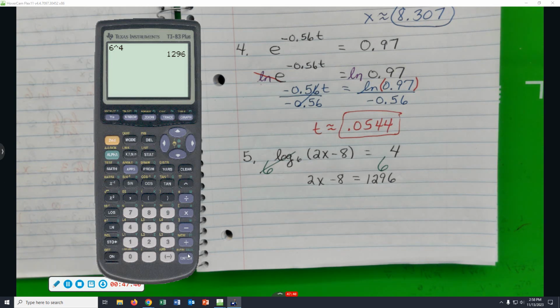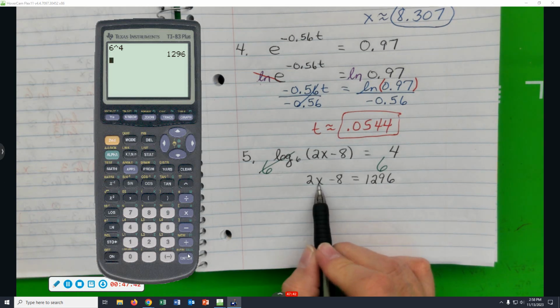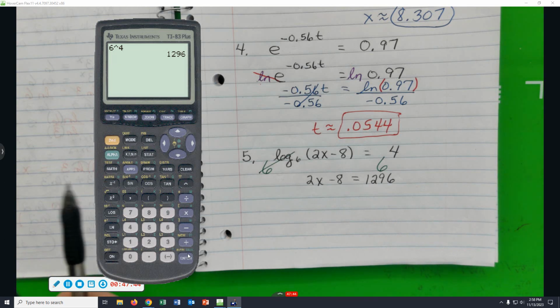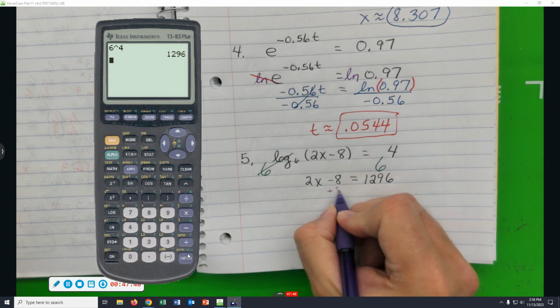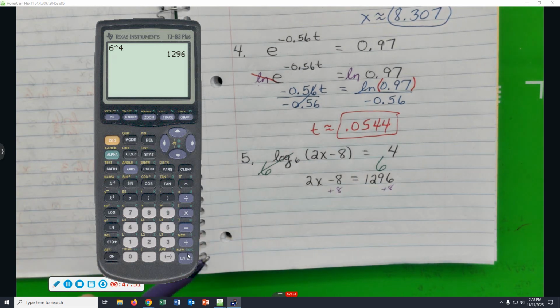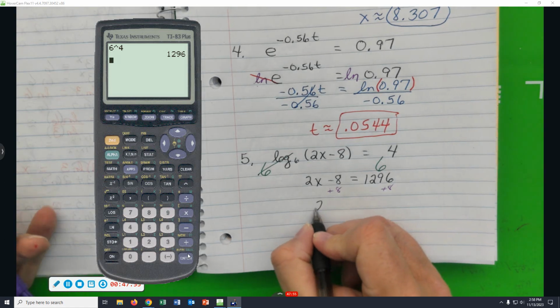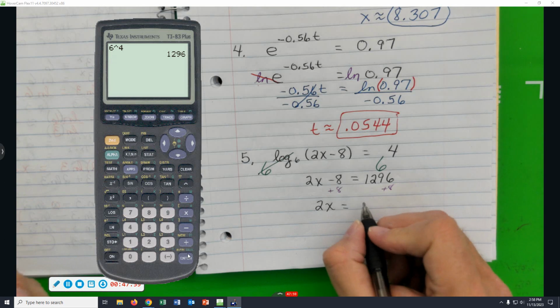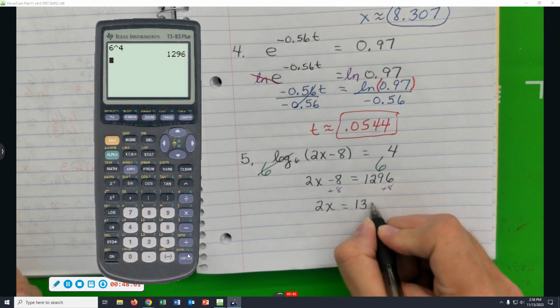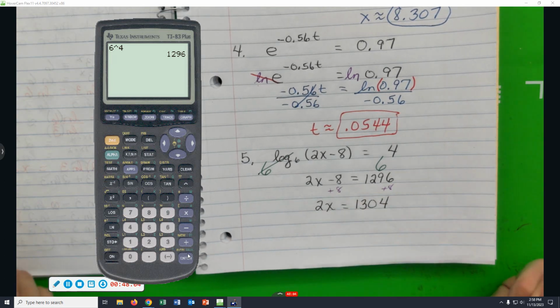Do we now have an equation we can solve without too much trouble? Yeah, how would I go about isolating this x? I would add 8 to both sides. So what would that be? 1296 plus 8, is that a 1304?